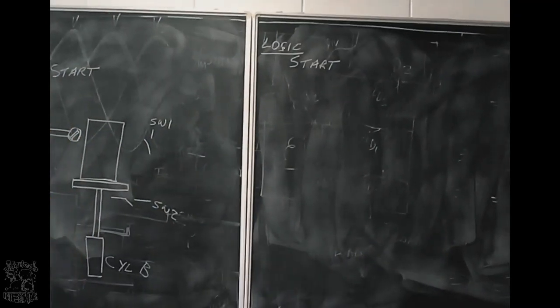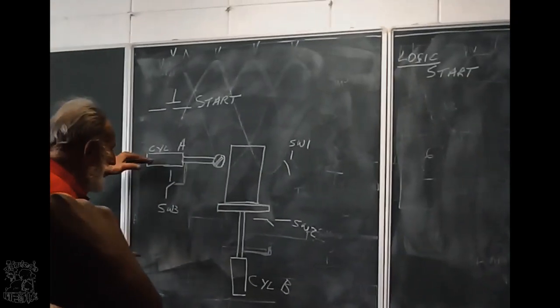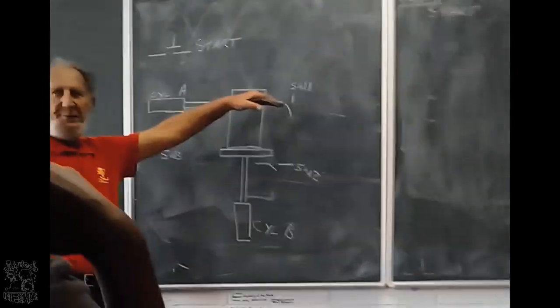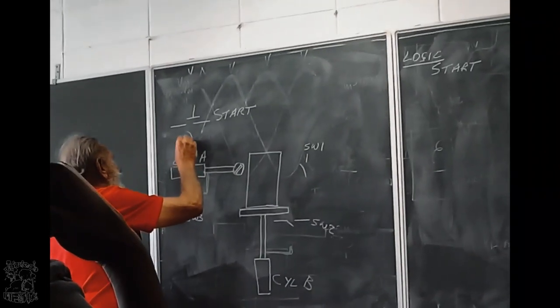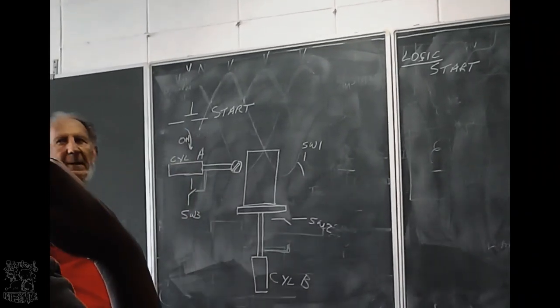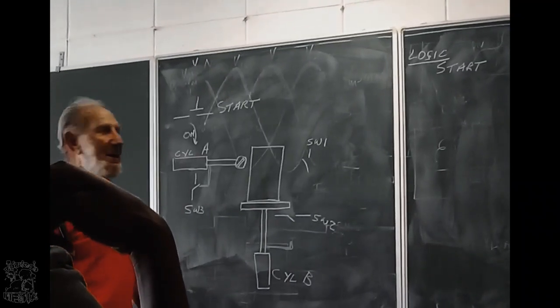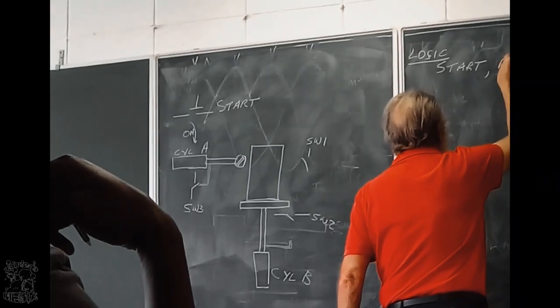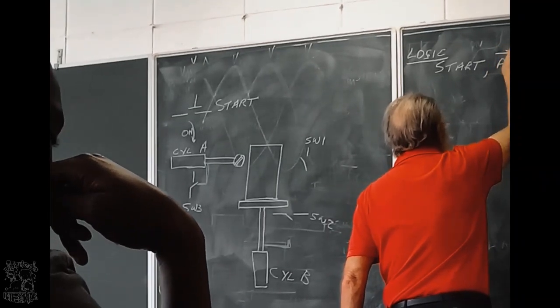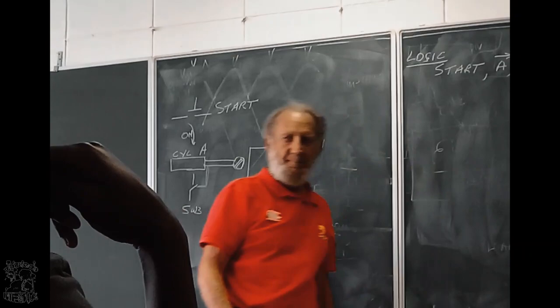what must happen? Cylinder A must get power to move across. So the start button is going to put the power on cylinder A. Okay? So if I press the start button, cylinder A will cut that groove.